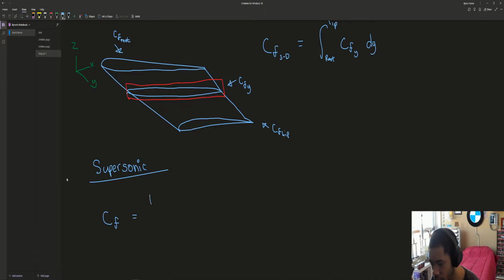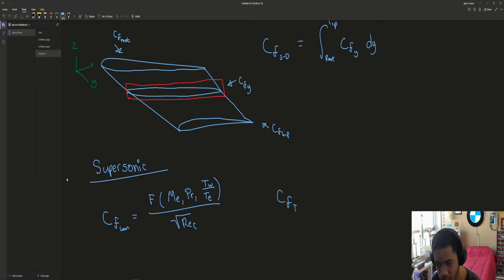For laminar flow, I'm going lam right here, we find that it is a function of what's called ME, PR, TW over TE, over the root of REC.